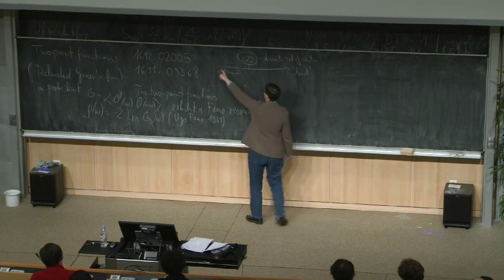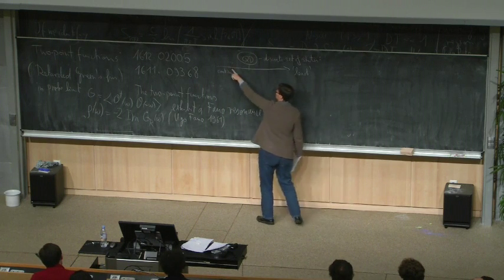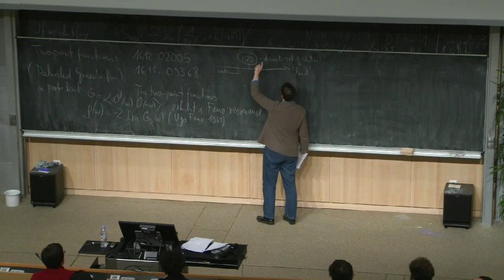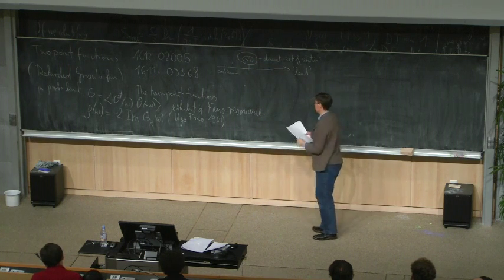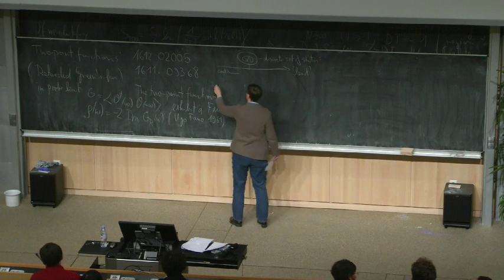So the electrons can either zoom through or they can interact with this discrete set of states. And if you have this discrete set of states interacting with a continuous set of states, you get an asymmetric spectral function.